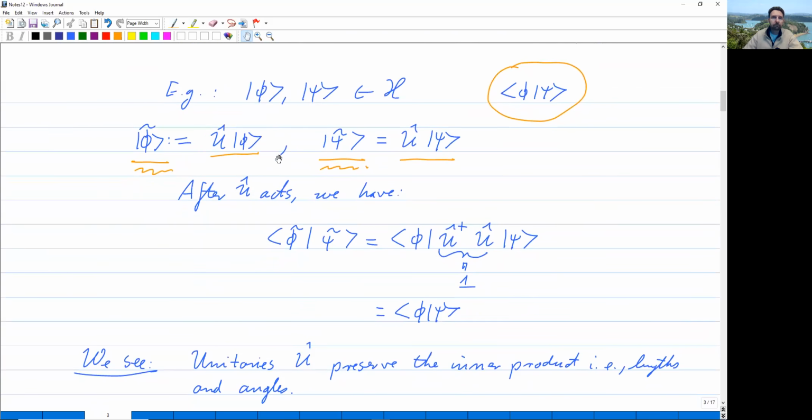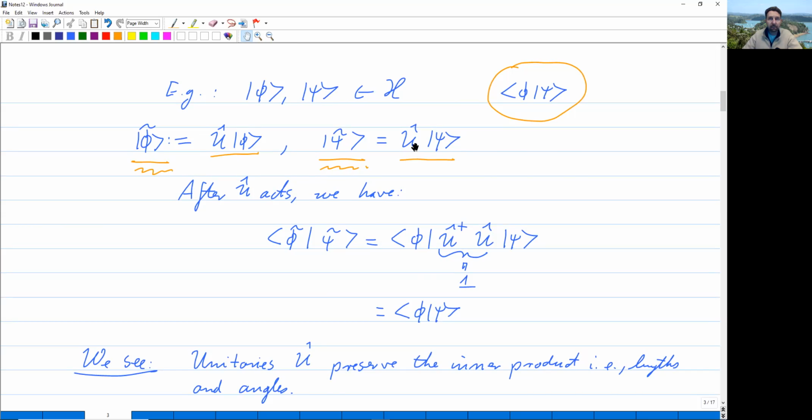Well, after the unitary acts, we calculate now the inner product between the phi tilde and the psi tilde. And what is it? Well, phi tilde is u hat phi, but that's a ket vector. If we want to know the bra vector, we have to take the Hermitian conjugate of this. But the Hermitian conjugate is going to be phi u hat dagger. Remember from above that this picks up a dagger here.